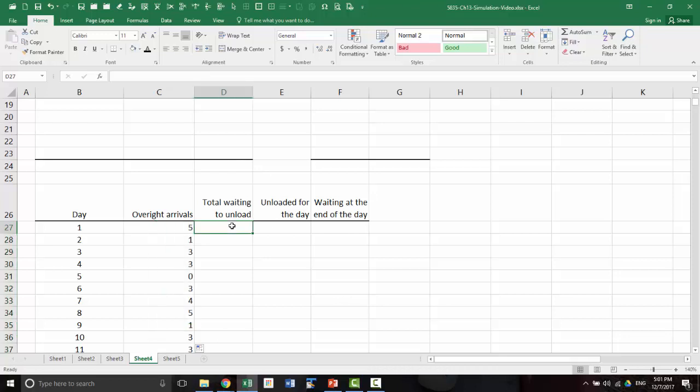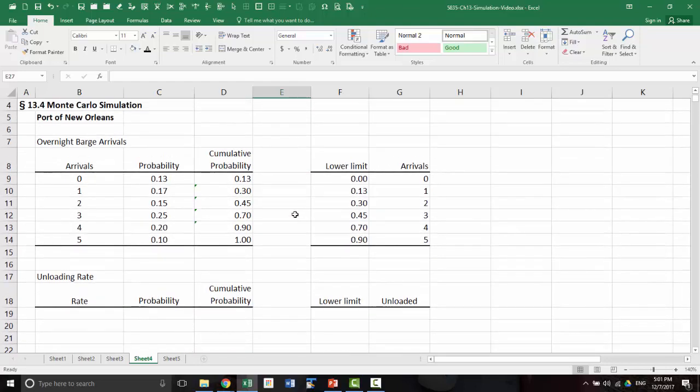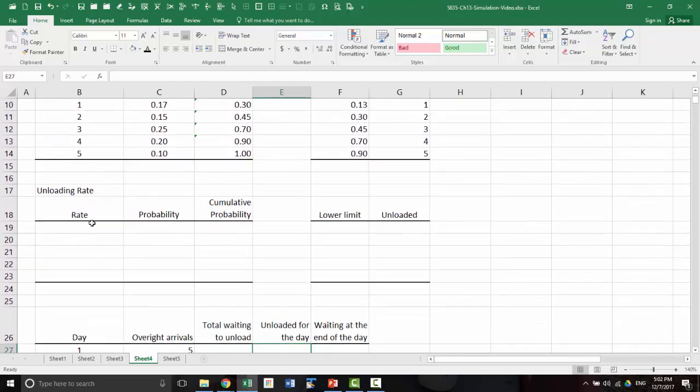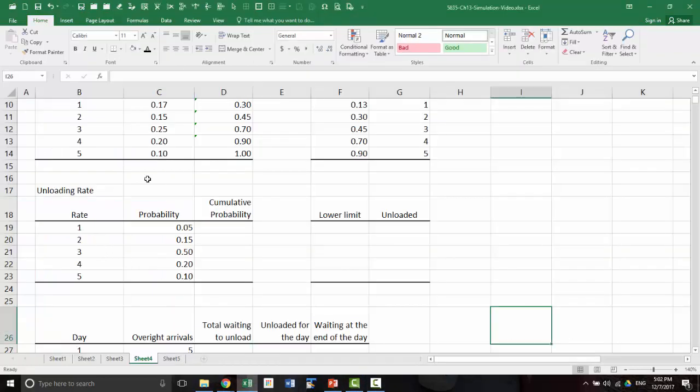Now, total waiting to unload, let's get to that in just a second. Okay, unloaded for the day. Okay. So we have to be careful here. Unloaded for the day, unloading rate. We have the daily unloading rate 1 through 5, right? And the probabilities are given.